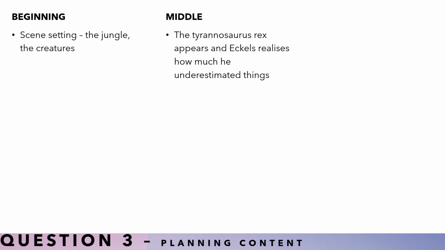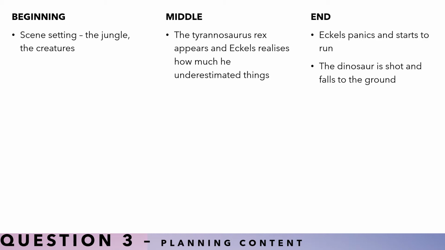So for example, in the beginning, in this extract, we've got lots of scene setting. We've got the jungle, we've got the creatures, and then we go to the middle of the text and the Tyrannosaurus Rex appears. Eccles realises how much he underestimated things, which leads us to the end where Eccles starts to panic, he starts to run away, the dinosaur is shot and falls to the ground.